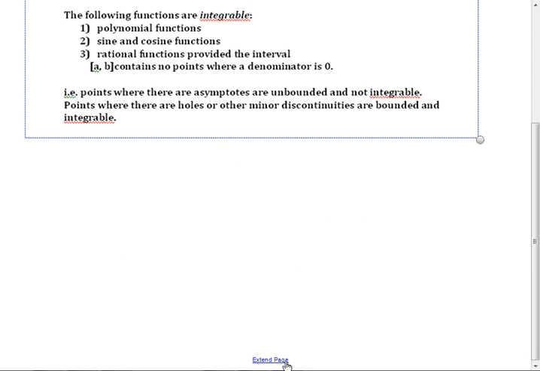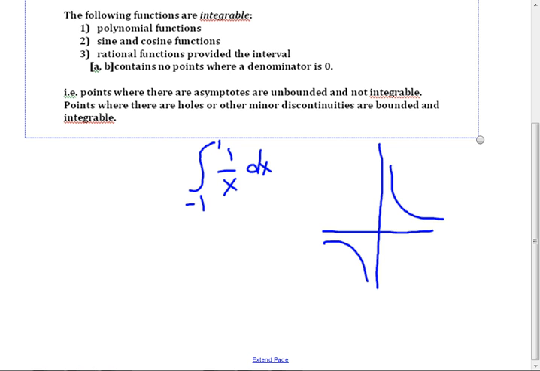So if I wanted to integrate 1 over x dx from negative 1 to 1, I've got a problem, because the graph looks like this. And some of you are going to say, well, those areas will just cancel each other out. No, they don't, not necessarily. So I can't do this. It's called an improper integral. So you can't integrate over asymptotes. Make sure you find out how you can do it.